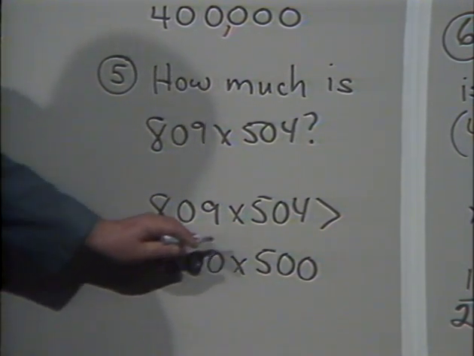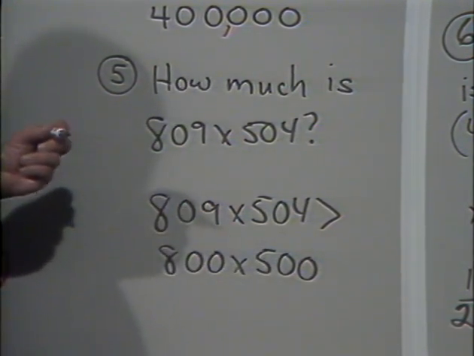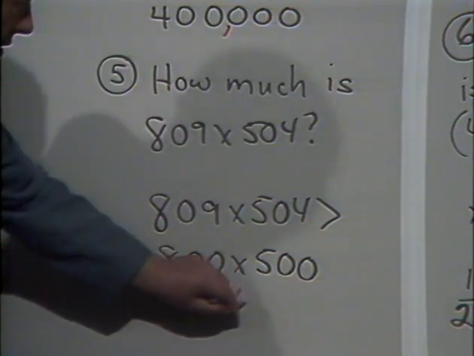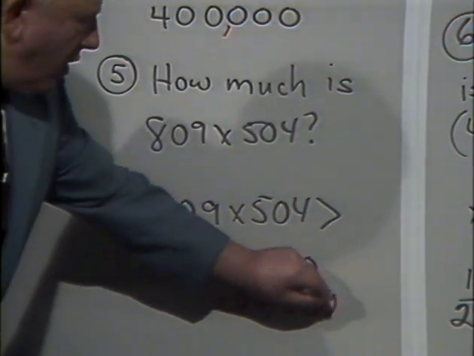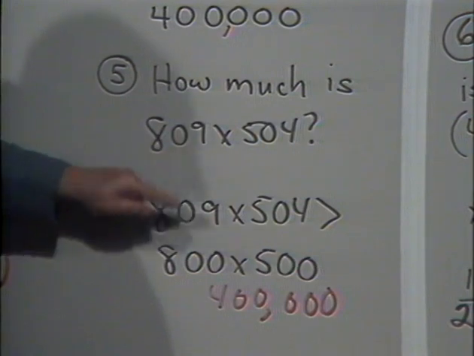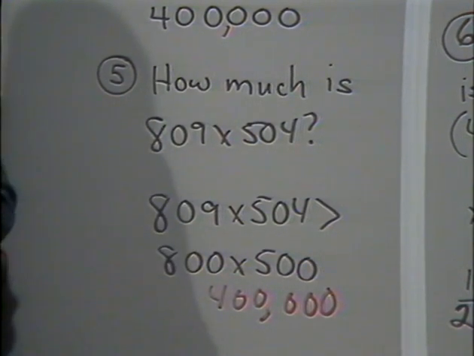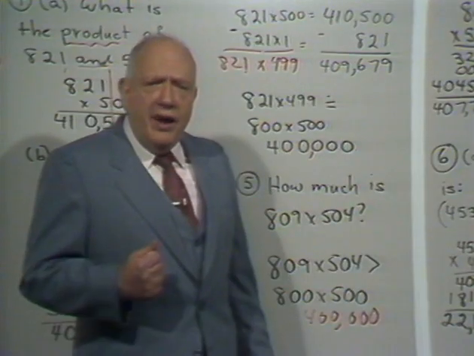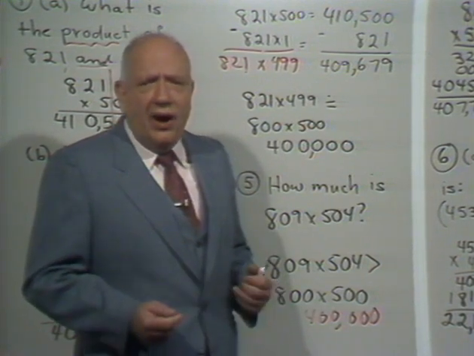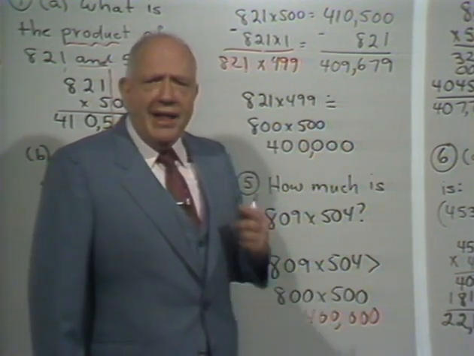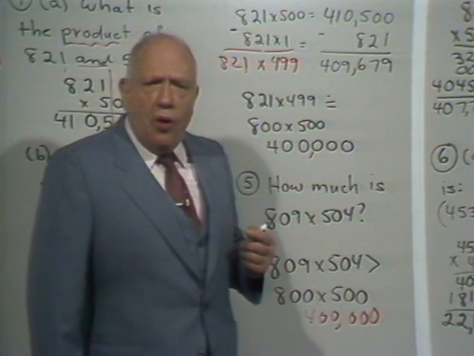And we just saw that 800 times 500 is 400,000. Therefore, whatever the correct answer to this problem is, it has to be somewhat more than 400,000. Knowing that, and by the way, that doesn't take that long to do, I now have parameters in my mind to know what to look for.